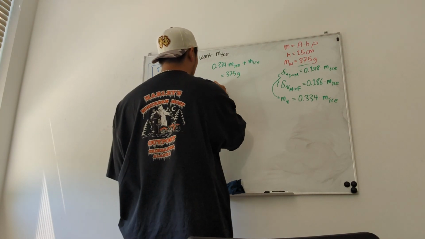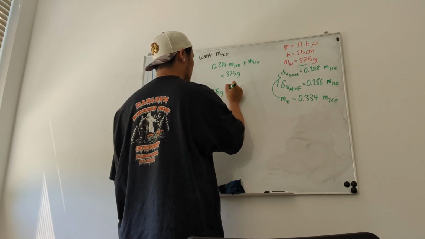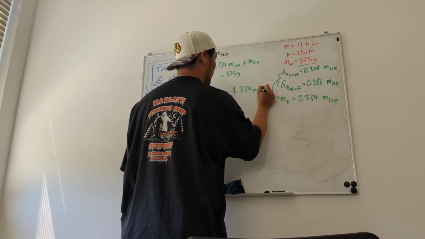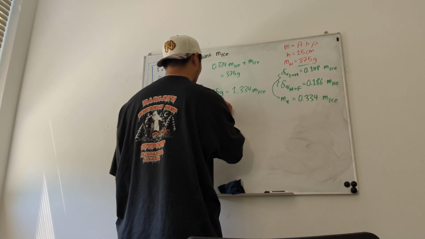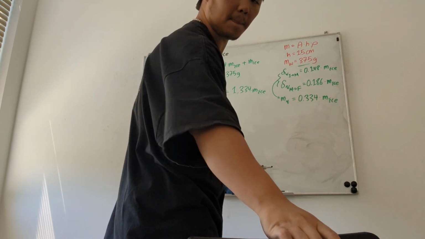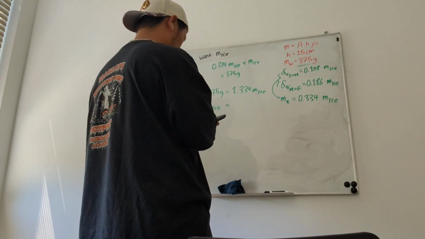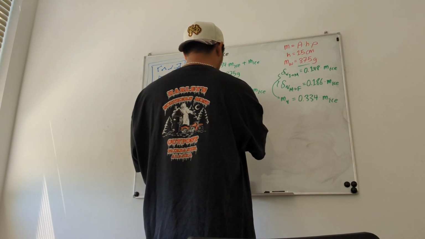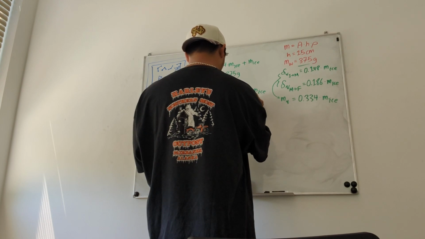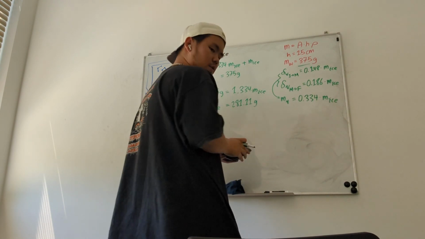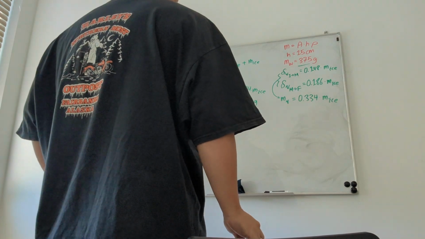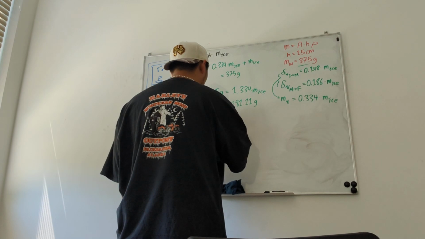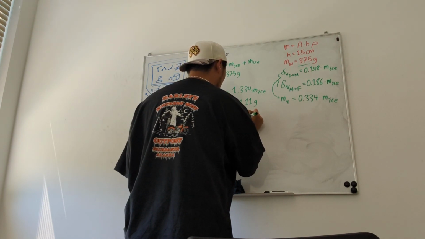That becomes 375 grams equal to 1.334 times the mass of ice, which means the mass of ice is equal to 281.11 grams, and we are going to get our sig figs down and just call that mass of ice equal to 280 grams.